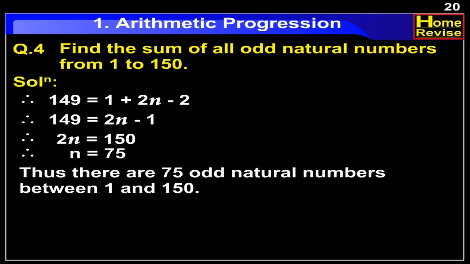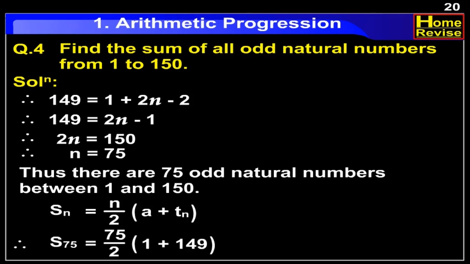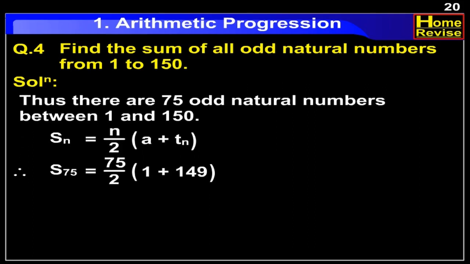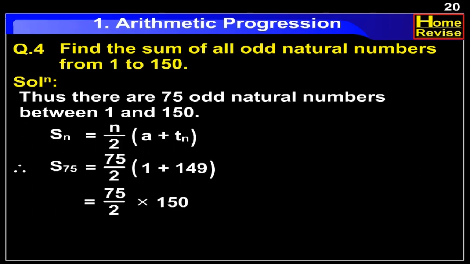Now, the sum of 75 odd natural numbers, that is Sn, is equal to n upon 2 into (A plus Tn). Therefore, S75 is equal to 75 upon 2 into (1 plus 149), which is equal to 75 upon 2 into 150, which is equal to 75 into 75.